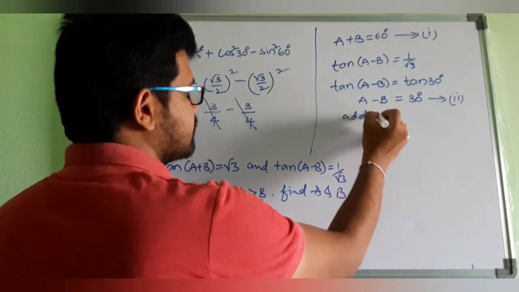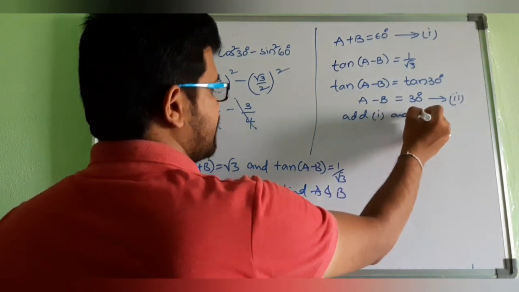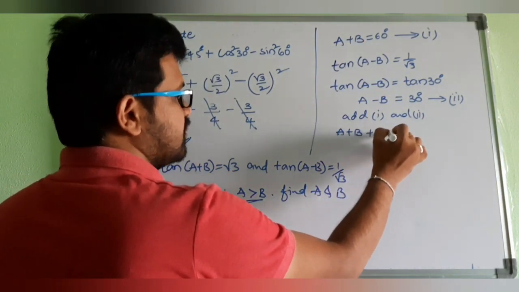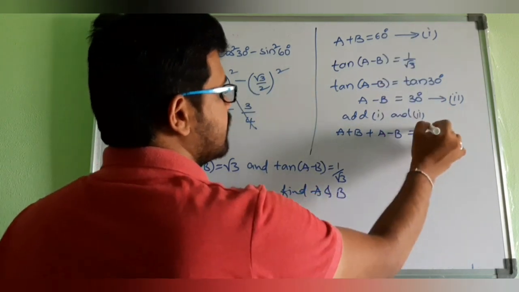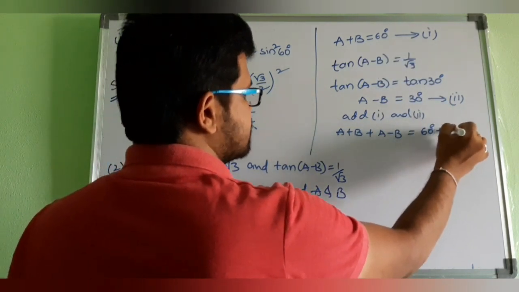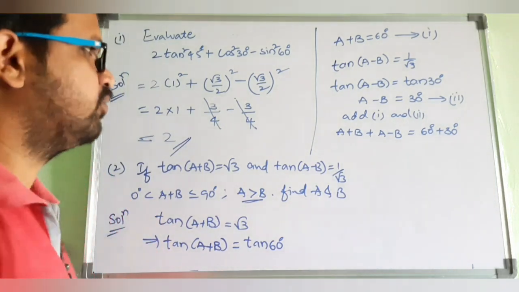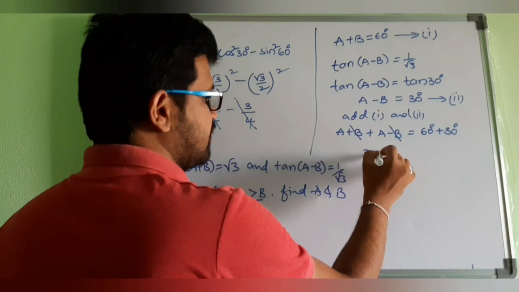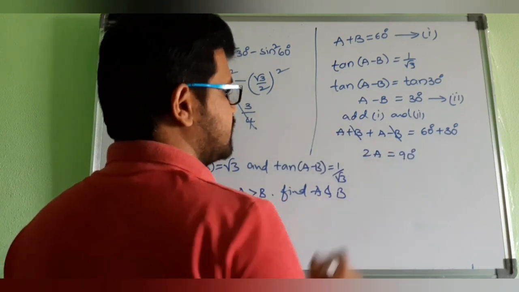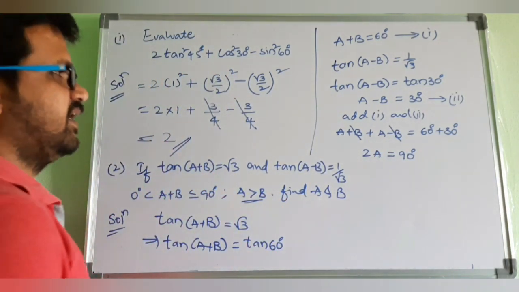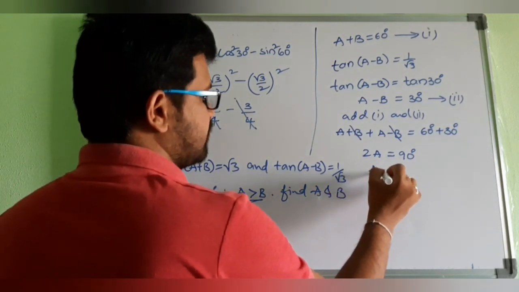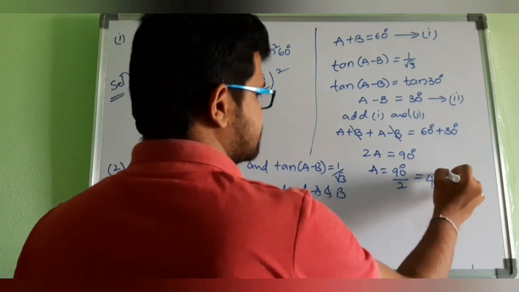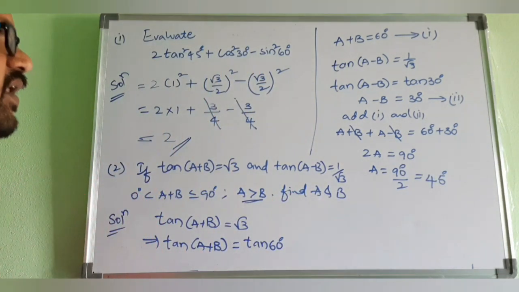Add 1 and 2. What will happen if you add: A plus B plus A minus B is equal to 60 degrees plus 30 degrees. So B and B cancel. 2A is equal to 90 degrees. So A is equal to 90 by 2, that is 45 degrees. A is equal to 45 degrees.